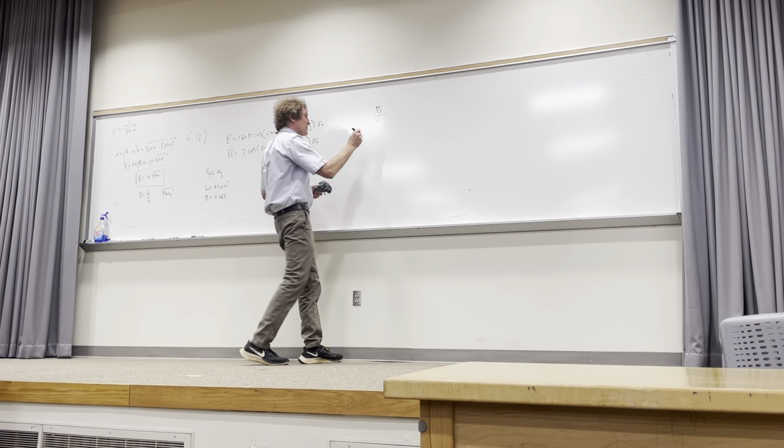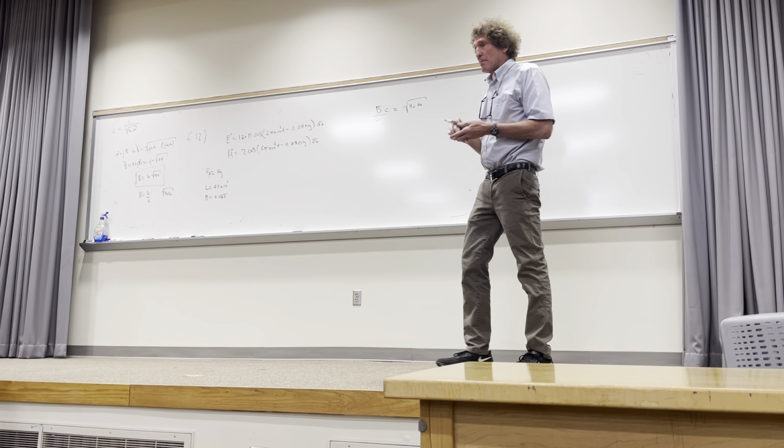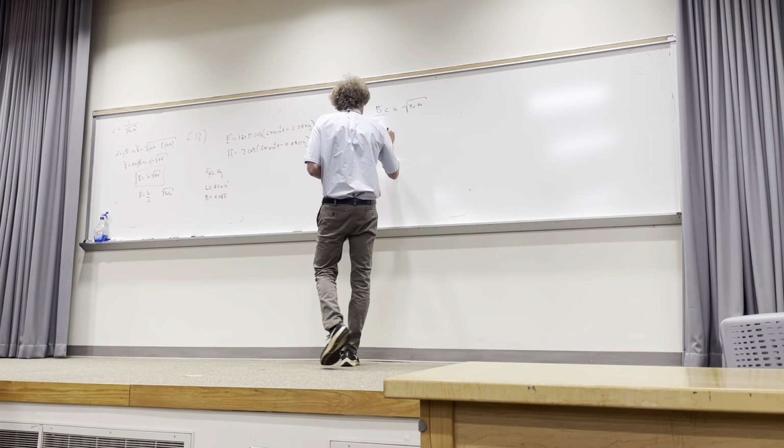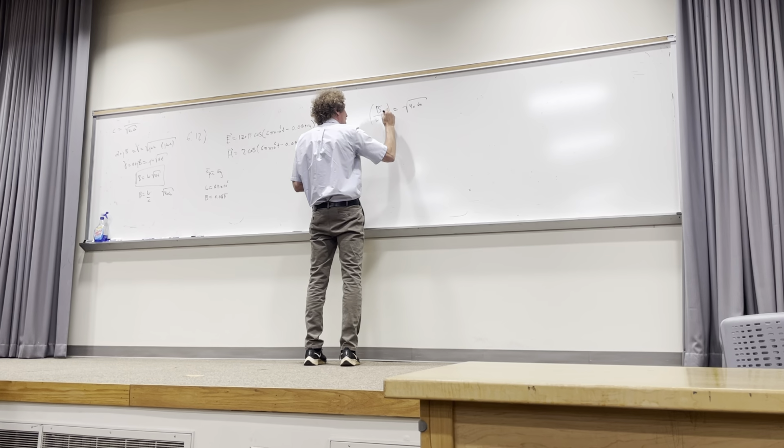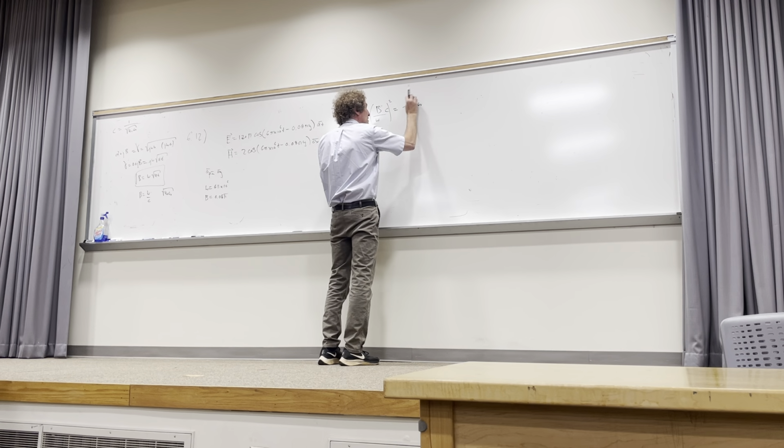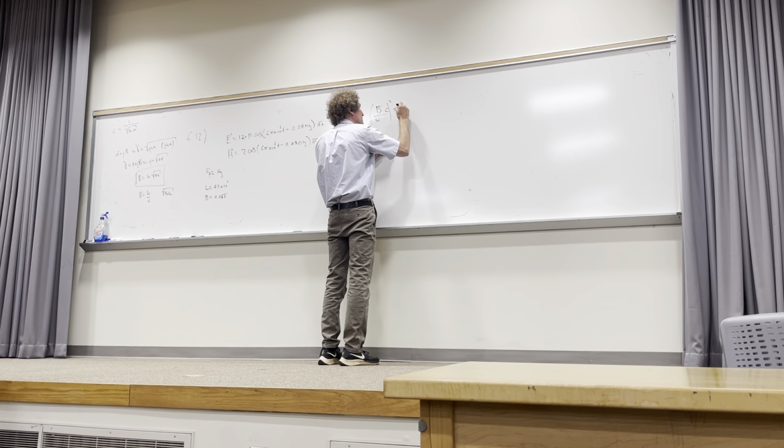Now we have beta, we have c, and we have omega. So we have the square root of mu relative epsilon relative. Do y'all follow me? I'm going to take this quantity and square it, and now I have mu relative times epsilon relative. You all agree? You're going to get two equations with two unknowns, and solve for them both.